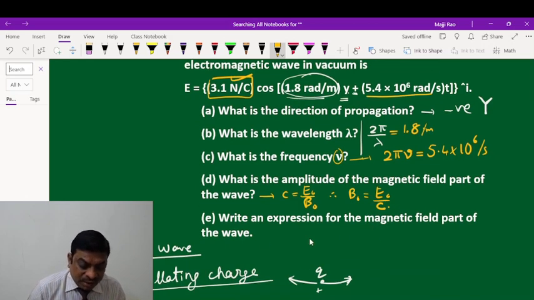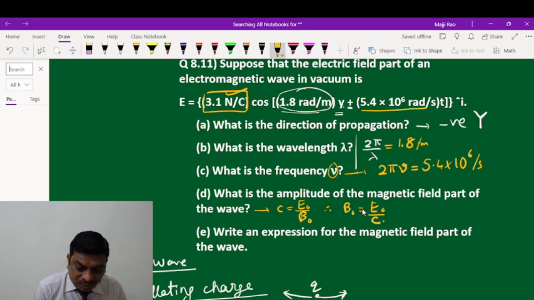Write an expression for the magnetic field part. In fact, whatever value you get, students, for the magnetic field, so magnetic field part you can write like this. Remember, this electric field is vectorially given.